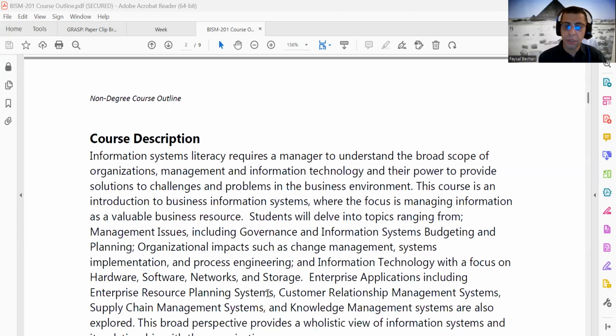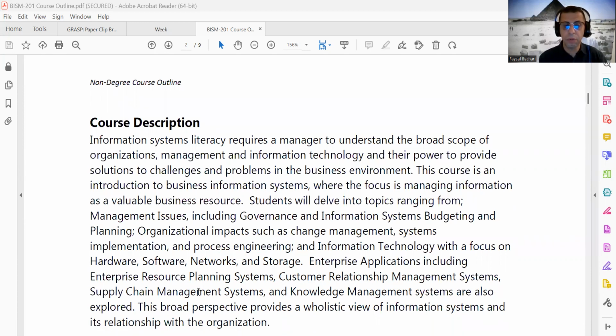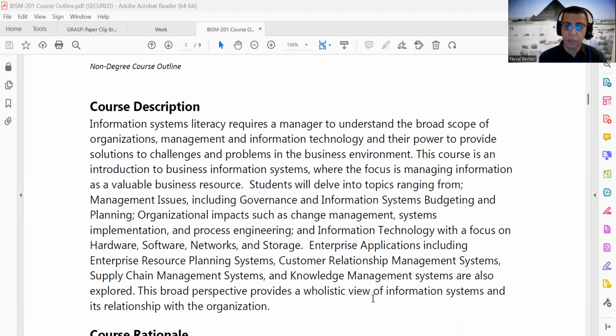Enterprise applications, enterprise resource planning systems, customer relationship management or CRM systems, supply chain management systems, knowledge management systems, and also explore. This broad perspective provides a holistic view of information systems and their relationship with the organization.